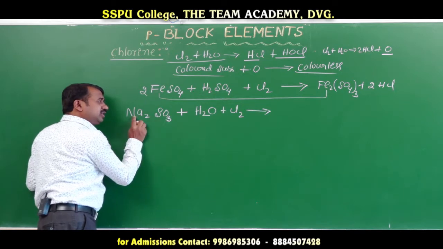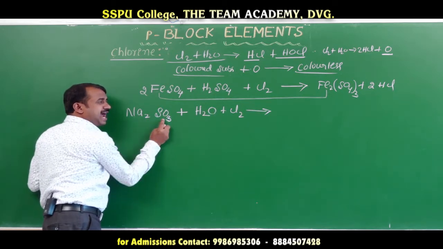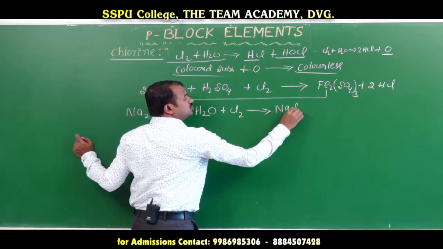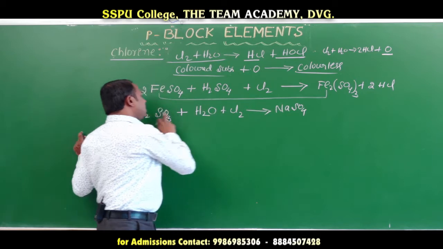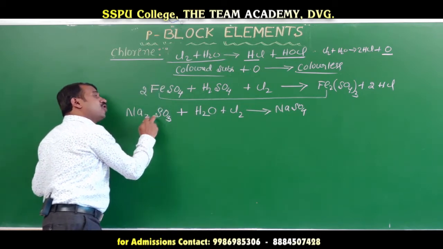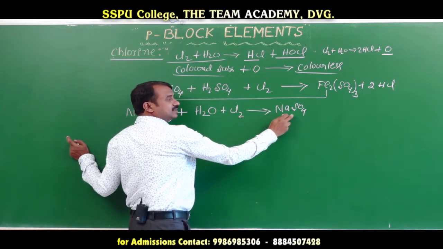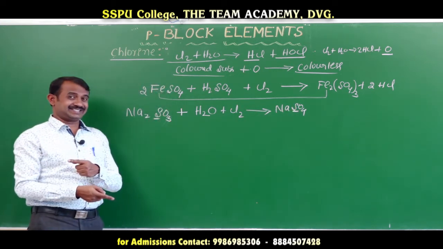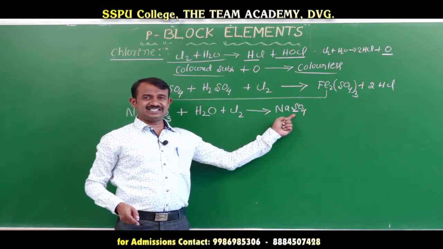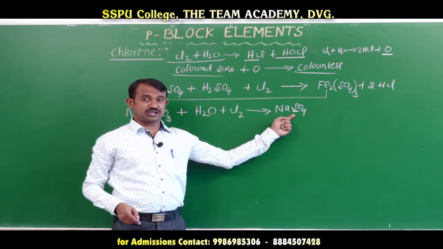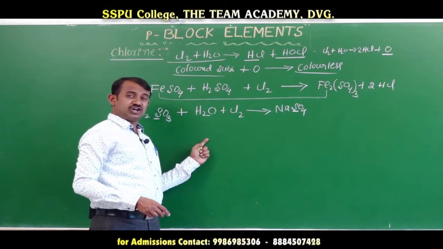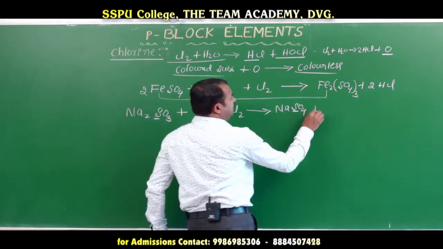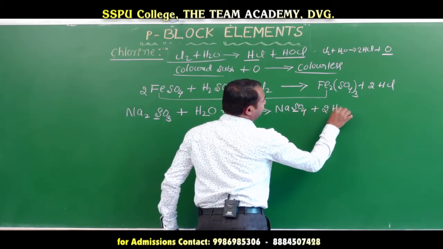Na2SO3 is converted to Na2SO4; one oxygen is added. The sulfur oxidation state goes from +4 to +6. The oxidation state increases, so it is oxidation. This is the reducing agent, and this one is the oxidizing agent. The sodium sulfate forms and releases 2 molecules of HCl.